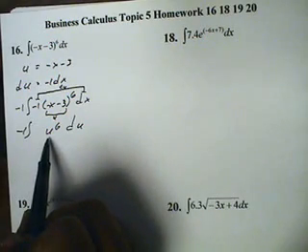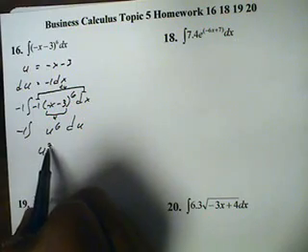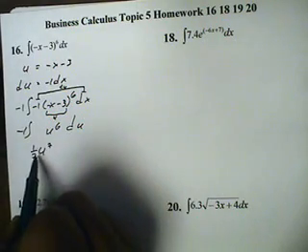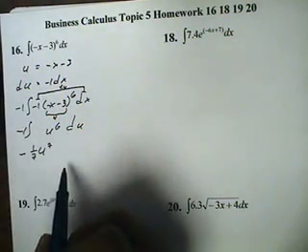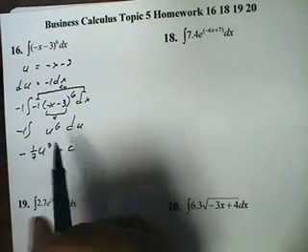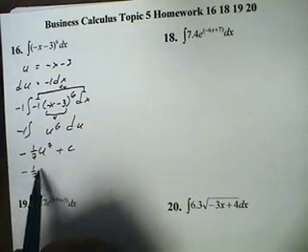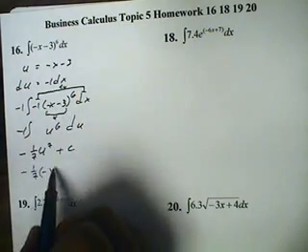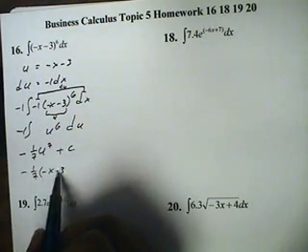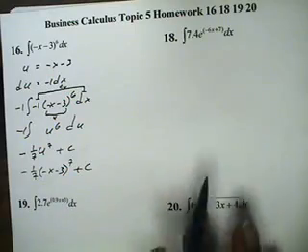So now, the antiderivative of u to the 6th power will be u to the 7th power times the reciprocal, 1/7, with the negative 1 still out there, and then plus c. Now, the u, I will make that back into negative x minus 3 to the 7th power plus c. And this is our antiderivative.